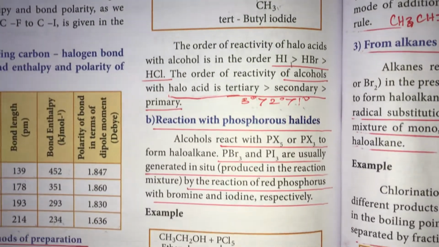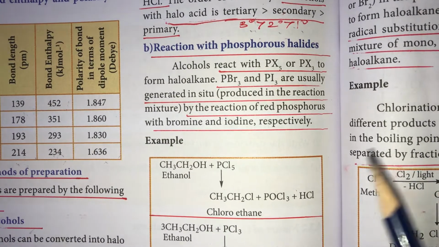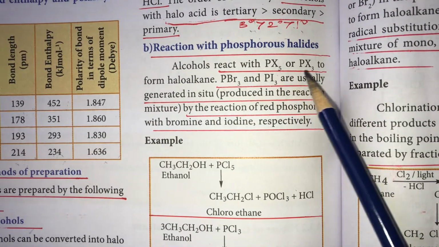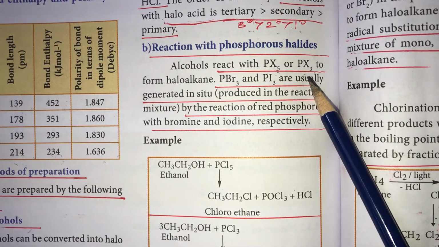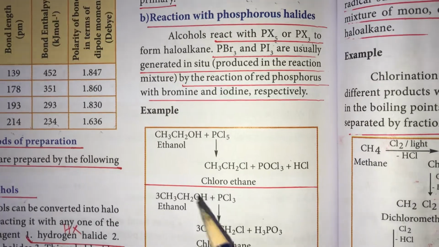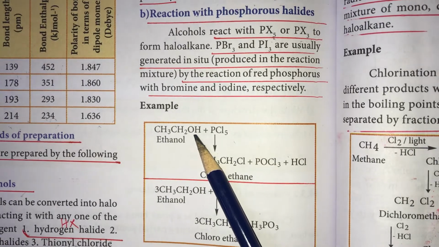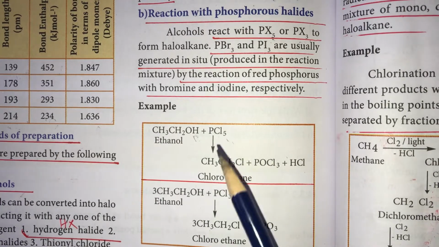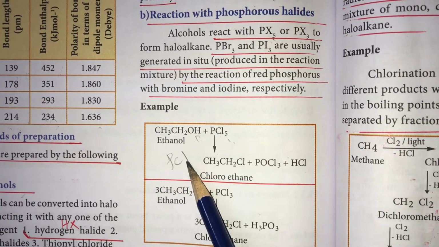The next preparation is reaction of alcohol with phosphorus halides, that is PCl5 and PCl3, or PX5 and PX3. The halogen may be different, but the valency is 5 for one and 3 for the other. Now we are going to see ethyl alcohol CH3CH2OH reacting with phosphorus pentachloride, PCl5.